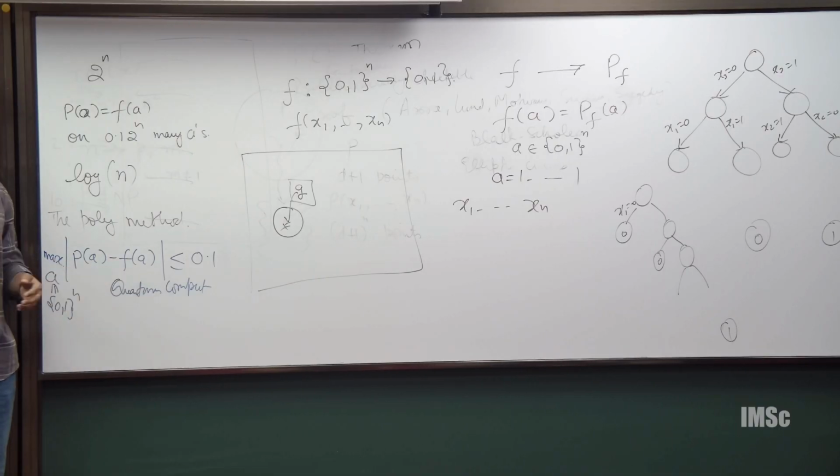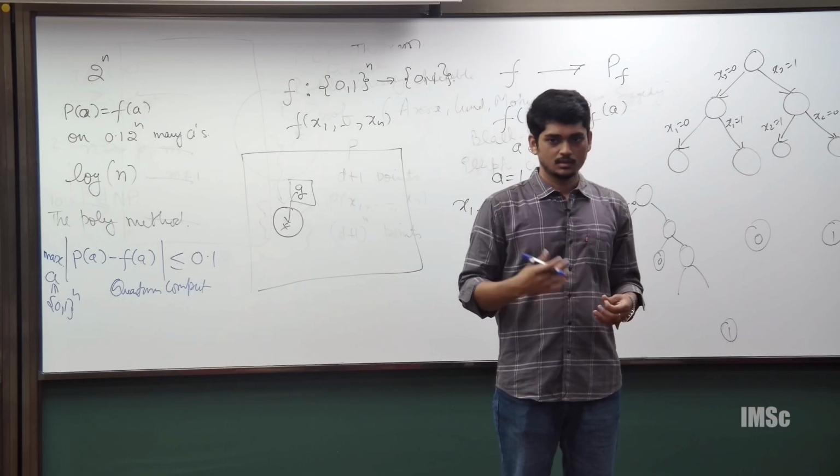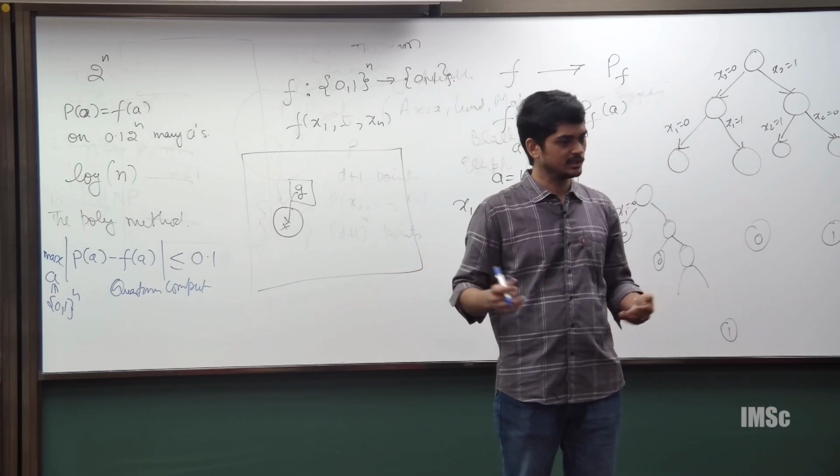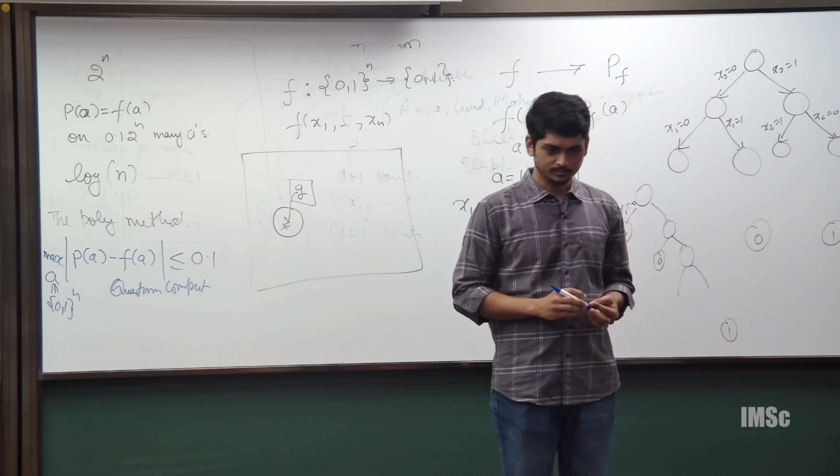But the interesting thing I want to tell you about is that it has connections to quantum computation. So if you want to prove that some function is hard for quantum computers to compute, you can actually use this model: if the polynomial I can find which is close to the function on all points must have large degree, then that function will actually be hard for quantum computers to compute.